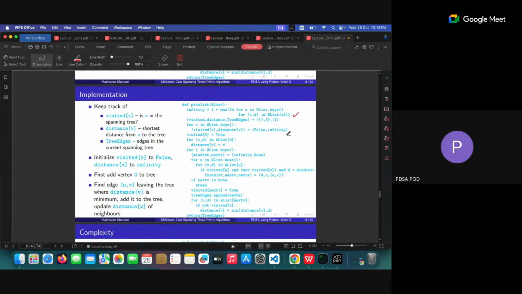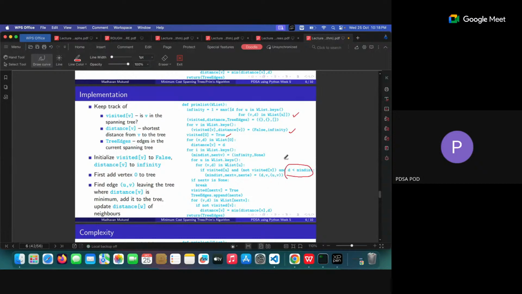Then they are setting infinity, and widgeted of 0 is true. And remember here they are trying to pick out the minimum one. See, look at here. The minimum one, add vertex 0 to the tree, directly they added vertex 0.